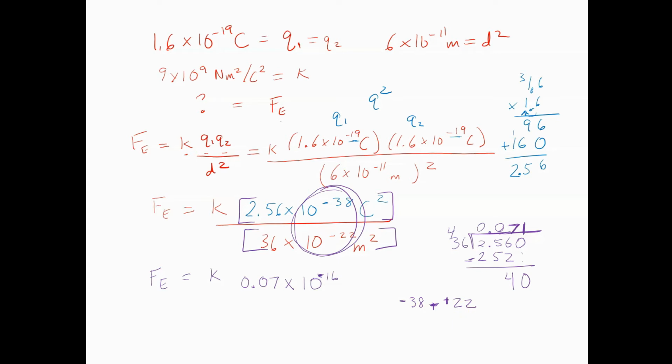Now, little heads up for you. If you took this top value and divided by this bottom value in your calculator, you're probably getting your calculator to not have this to the 16th power. It's because I did my division by hand over here rather than the calculator, and this isn't currently correct scientific notation. Scientific notation is one whole number. And likewise here, I did 36 times 10 to the negative 22nd. So this is improper scientific notation.